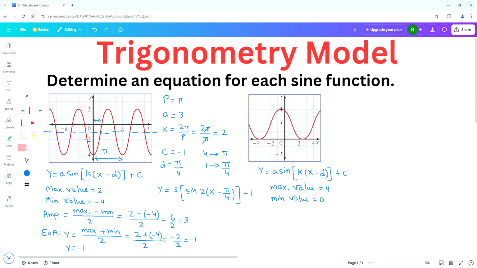Now we can calculate the amplitude and equation of axis. The formula for amplitude is max value minus min value divided by 2. Now we can calculate the equation of axis.